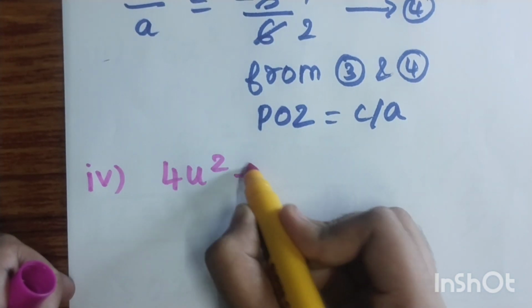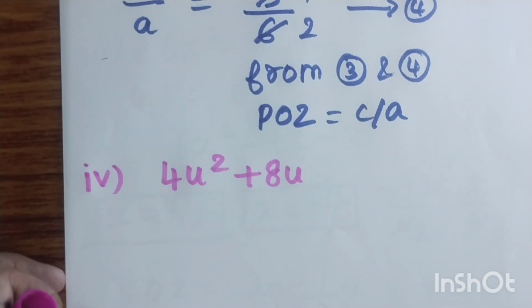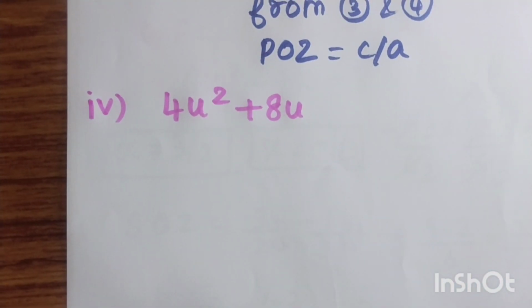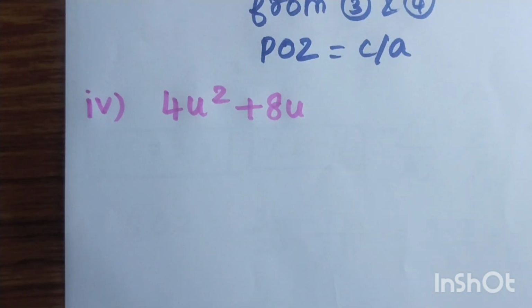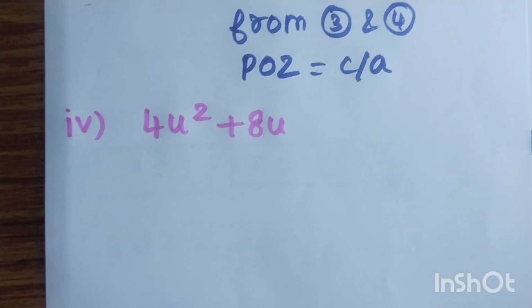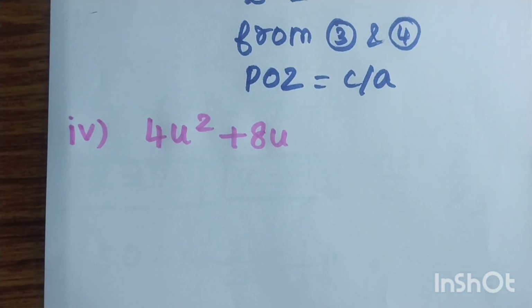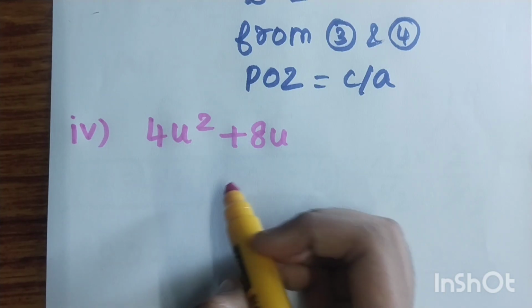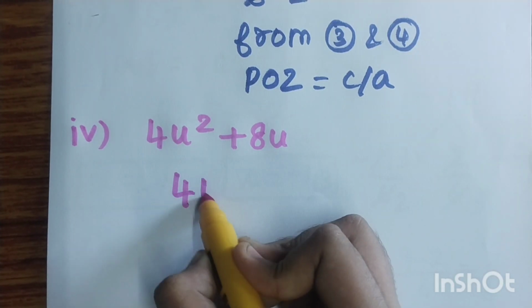4u square plus 8u. Okay, so this is a little bit different but an easy one. Here there is no constant given. There is no constant, just the x square and x term. So I can take common out here, right? It goes in the 4 table and u is common. So 4u.